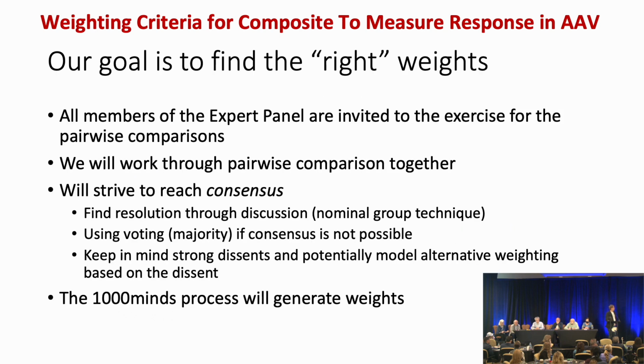We are planning to have all members of the expert panel do this together, working through the pairwise comparison. We will start by doing it individually and see how the votes go, then find the resolution on what the response should be for each of the scenarios, and then use the 1000Minds software to generate weights based on that.